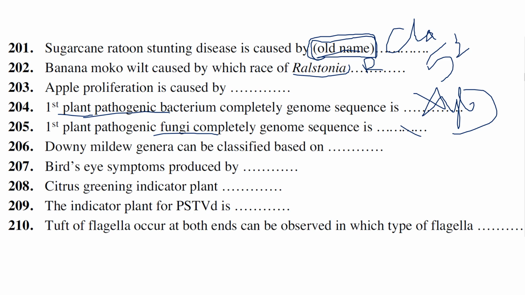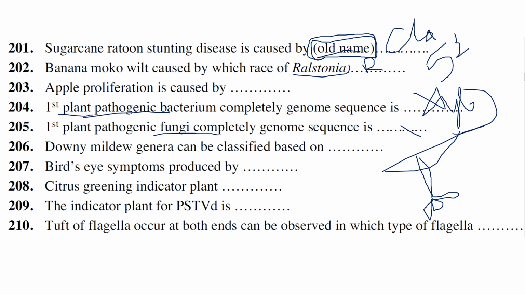The next one is downy mildew genera can be classified based on what. Downy mildew genera like Plasmopara, Sclerospora, Peronospora, Bremia, all the downy mildew genera are generally classified based on the sporangiophore character. For example, if you see downy mildew, generally the symptoms can be observed on the lower surface, so the sporangiophores are hanging in the reverse direction like this, right?